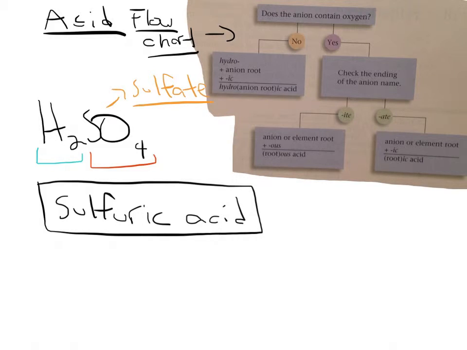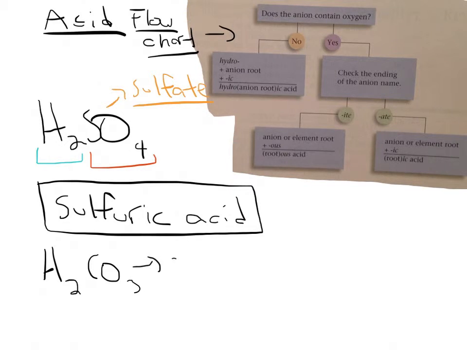Okay? Let's try another one. Let's do the third acid from the front. H2CO3. Okay. So we look. Does the anion contain oxygen? Yes. The ending of the anion name. If you look at your polyatomic ion sheet, you'll see that CO3 is the carbonate ion.